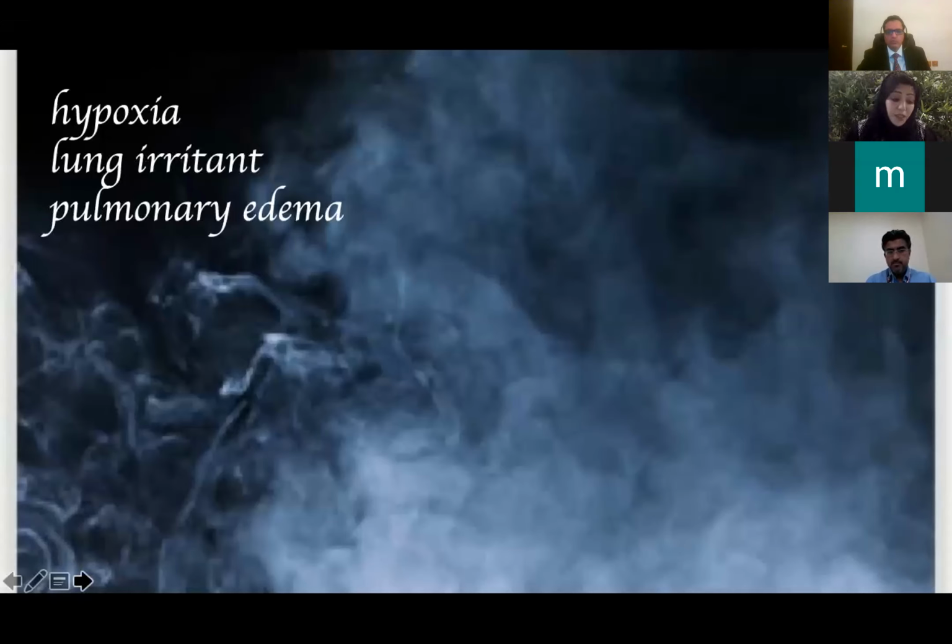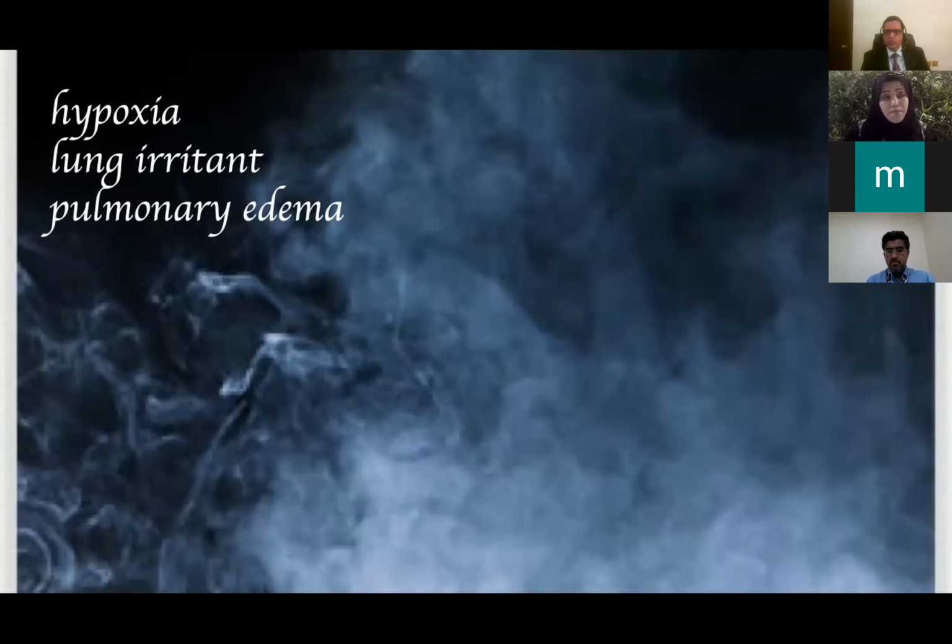If you've got a patient who you think has overdosed and has hypoxia, then you've got one of those two things. Either the patient inhaled an irritant to the lung, a gas irritant to the lung, or it is a late presentation of some of the overdose that could end up with pulmonary edema.